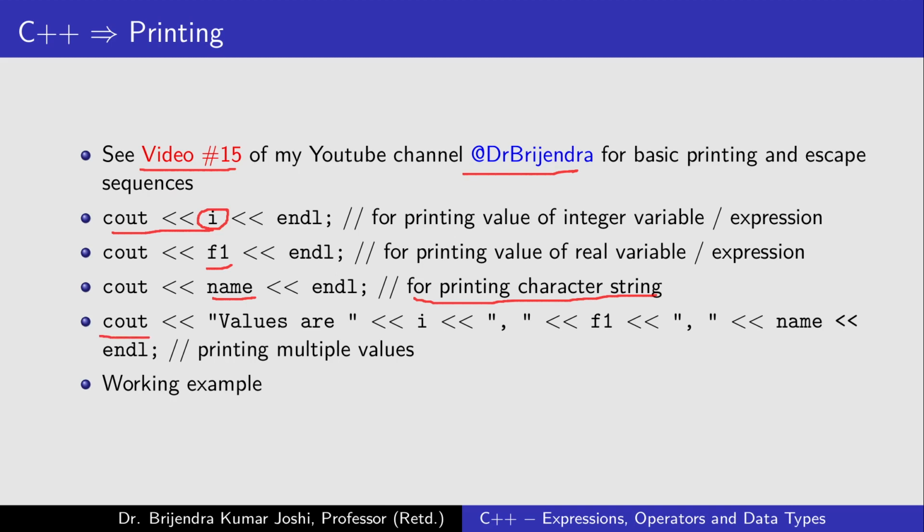We can print more than one value, maybe of different types, in the same statement. So here you can see I is of type integer, followed by, just to give a nice output onto the monitor, this string constant comma space, followed by f1, another expression or variable, in this case of type float, followed by another string used as delimiter, then the character string.